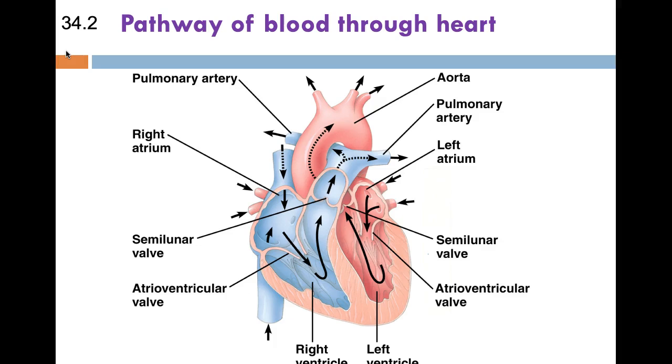Other parts, what did I miss? The left atrium as well, where oxygenated blood is going to arrive at the heart. Now I'm going to get into more detail on the next slide about how and why the blood is leaving and coming into the heart and where it's getting oxygenated and losing its oxygen as well on the next slide.